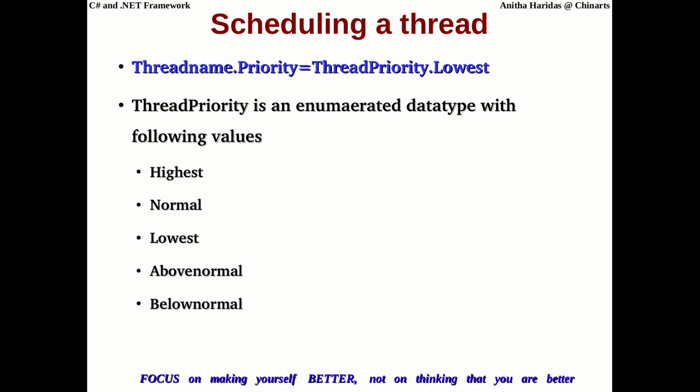That is one case. Or even if you have multiple processors in your machine, there also you have to specify whether you have a thread with a priority higher than the other thread which is coming in.